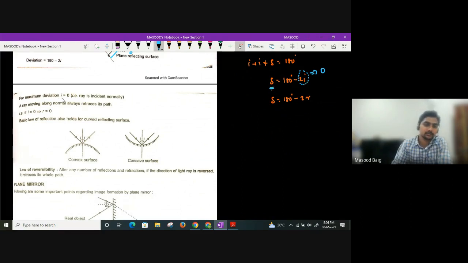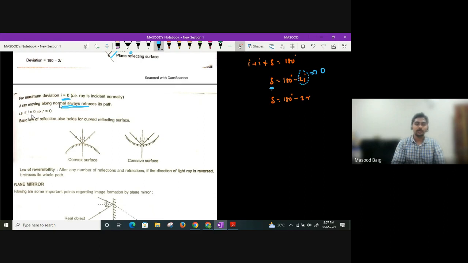So for maximum deviation, the angle of incidence should be 0. What is the meaning of angle of incidence 0? It means the incident ray will be along the normal. So if the incident ray is along the normal, after reflection it is going to retrace its path back. So you can see a ray moving along the normal always retraces its path, right?